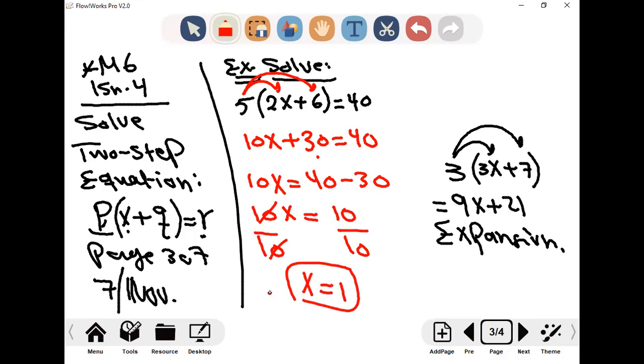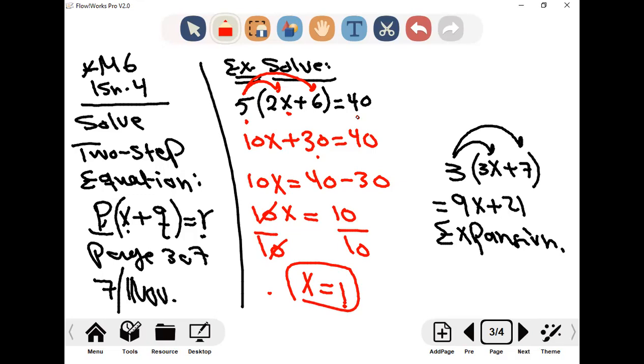So this is our variable, right? X is what? 1. Now to check our answer, replace this X here by this one. Replace mentally: 2 multiply 1, 2. 2 plus 6, 8. Now 8 multiply 5. Done? Done.